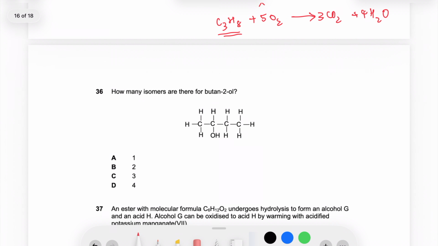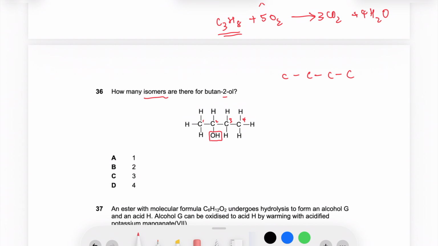How many isomers are there for butan-2-ol? Okay, so it's connected to the second carbon. This is the second carbon. This is the first carbon, second carbon, third carbon, fourth carbon. So important thing is where is the OH located? Okay, so let's try.